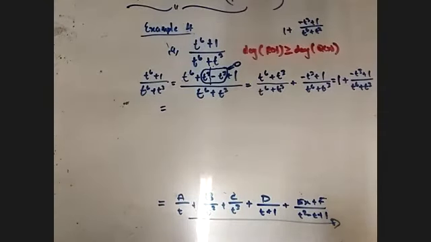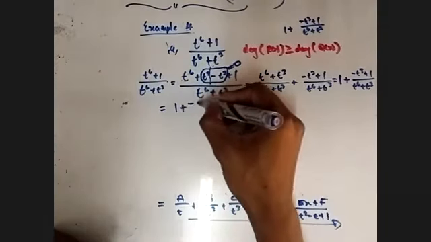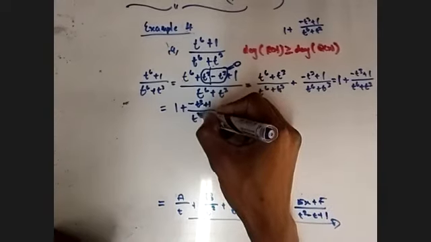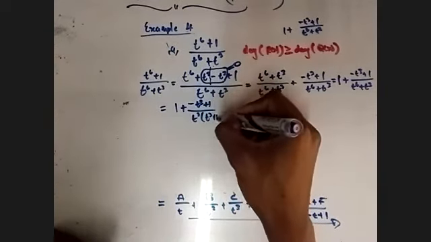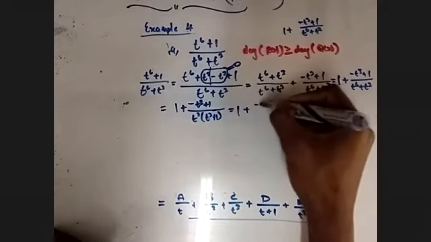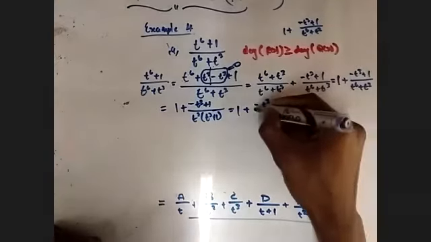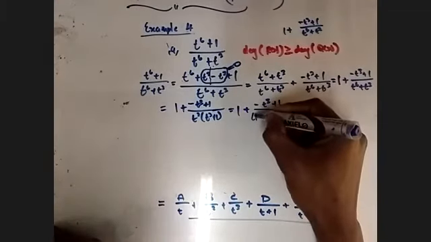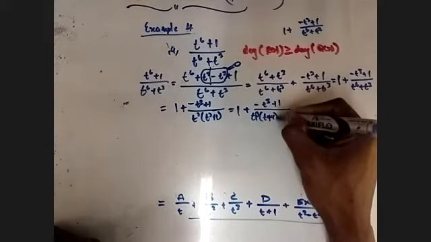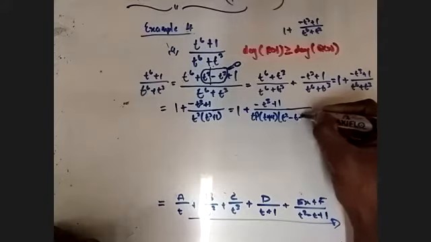But for purposes of me trying to make sure that you are 100% convinced that this thing is the same, I'm just going to browse through it very quick. t cubed plus t cubed plus 1, which is going to be 1 plus negative t cubed plus 1 all over t cubed, and then have t plus 1 and have t squared minus t plus 1.